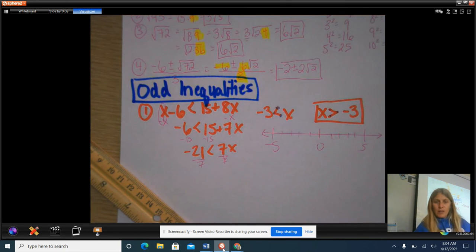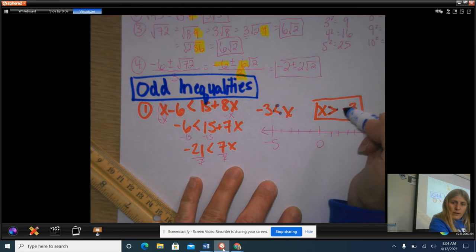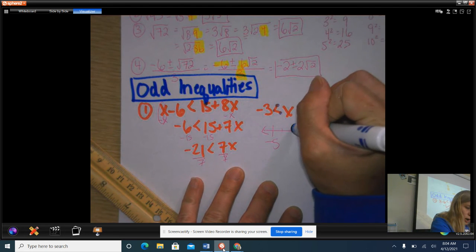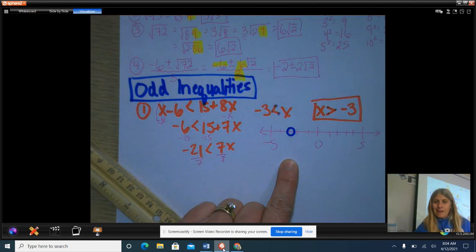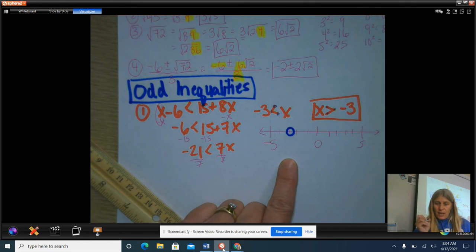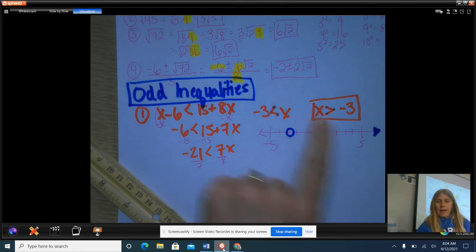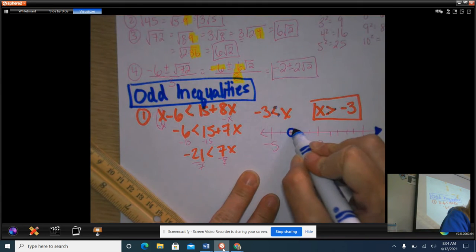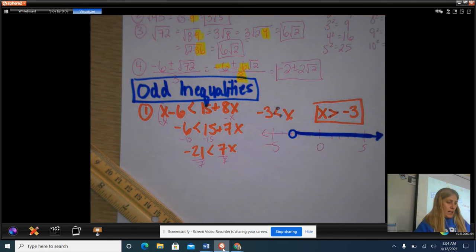I only have a closed dot if it is greater than or equal to or less than or equal to. Whenever I do not have the equal underneath, I'm going to have an open circle at that point, because negative 3 is not my answer. I'm avoiding the negative 3. Greater than is to the right. Also, with your letters first, you can see which side looks like that inequality. Then we finish up by connecting those together. So that is the graph of my inequality.